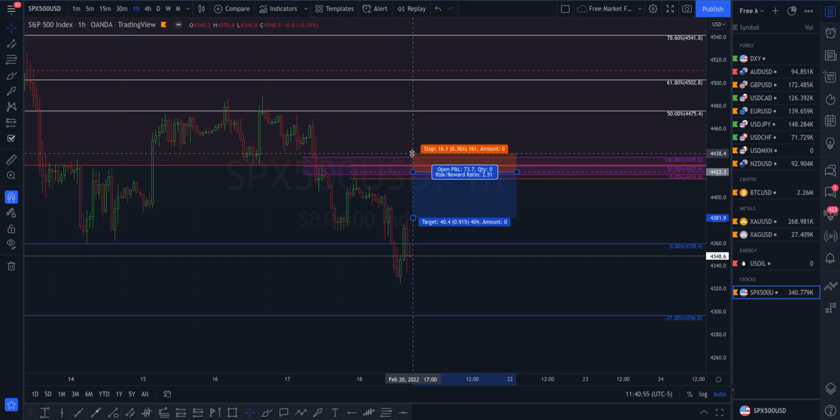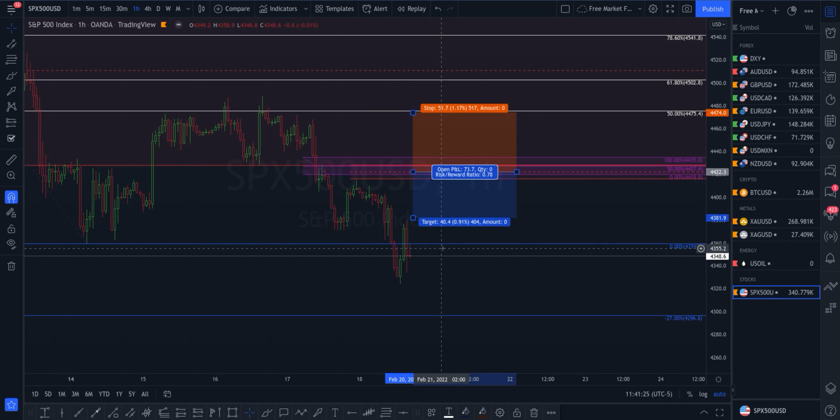So I'm going to put the stop here, but technically, if you were just trading imbalance, you're going to want your stop to be above the candle that initiated the imbalance. However, that is a pretty steep stop loss.